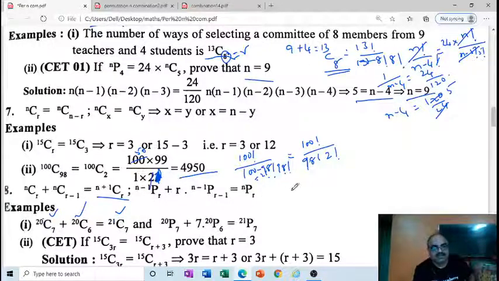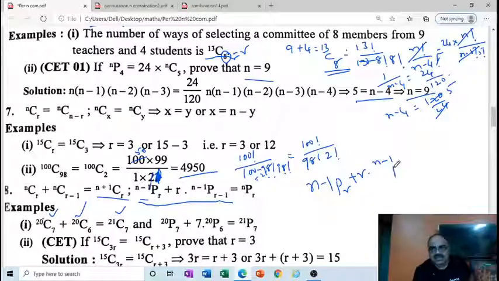Second concept, 9th one here, one more formula, friends. It's the same. I can say the 8th formula is put slightly in a different manner. That's it. n minus 1 Pr plus r into n minus 1 Pr minus 1 equals nPr.